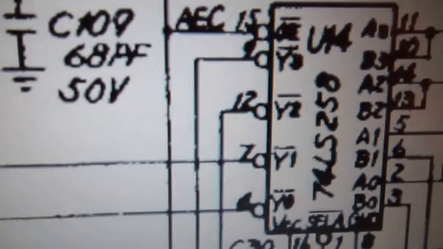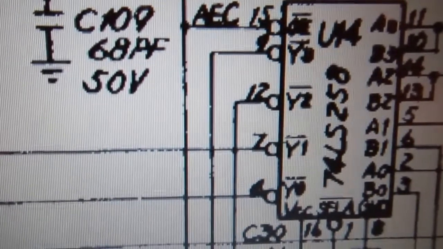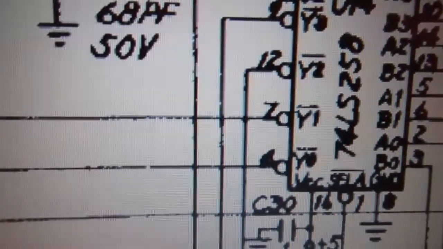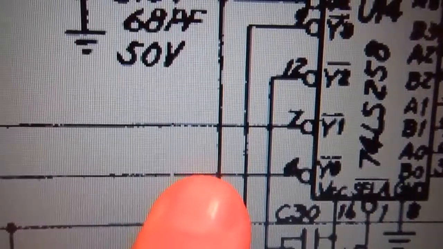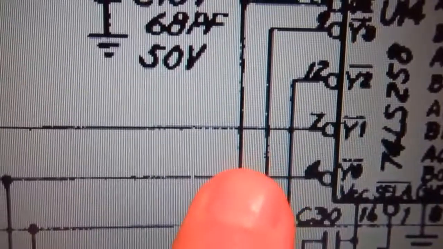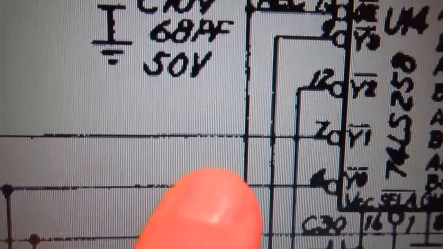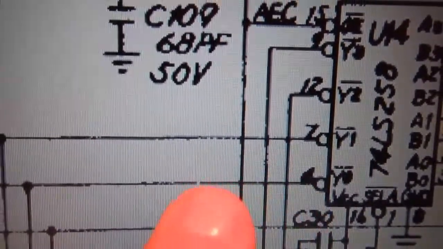This is the part of the diagram about the substituted chip. Actually, I had not really looked at it very carefully, because pin 4, as you see here, is an output, it's not an input.